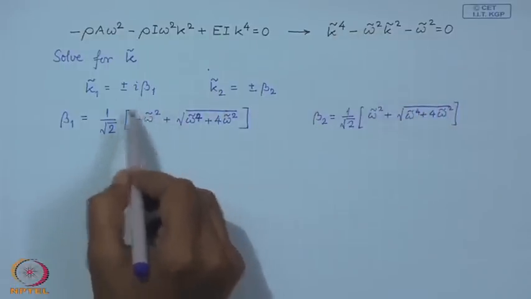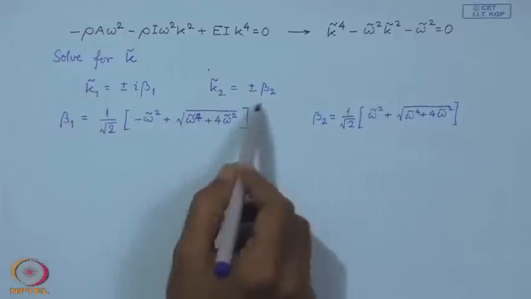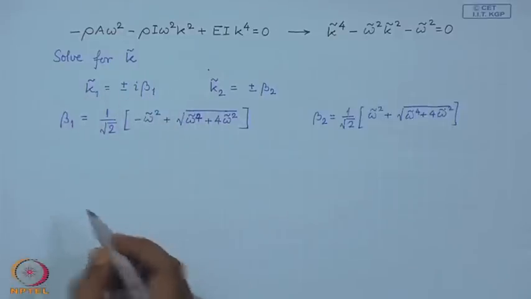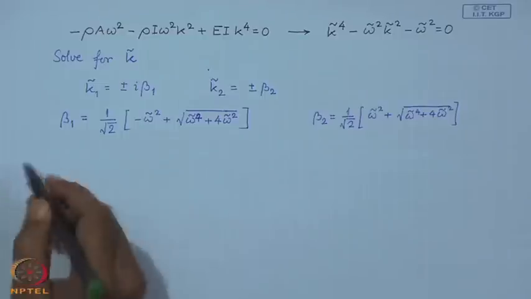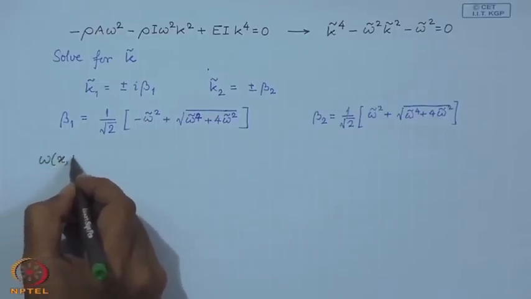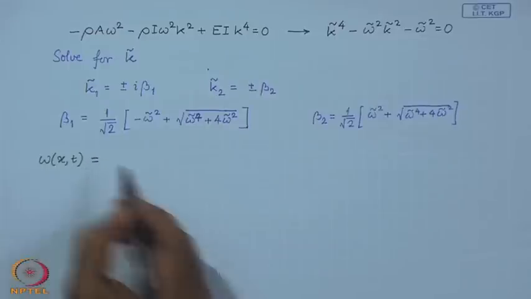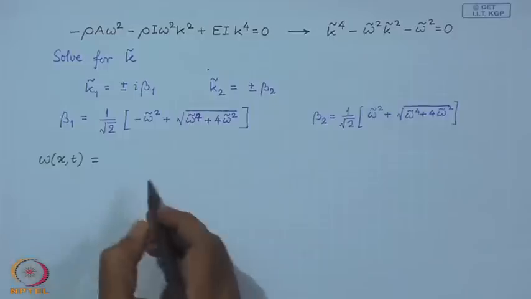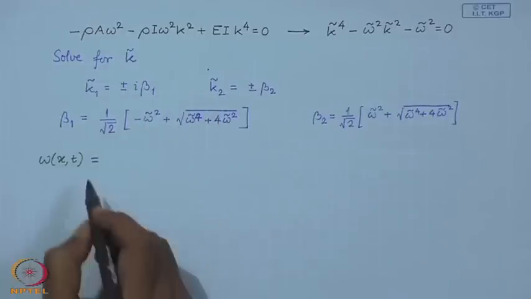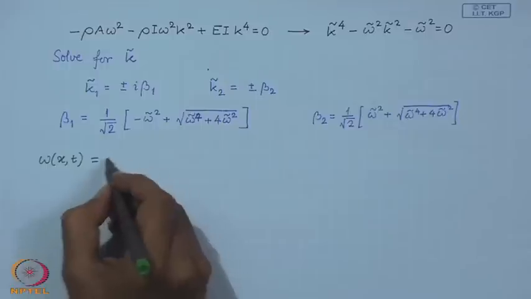So, I am representing this k 1 and k 2 using this beta 1 and beta 2. Then finally, if you represent the full wave solution, you have these 4 solutions of k tilde. So, there you have 4 terms in the solution.